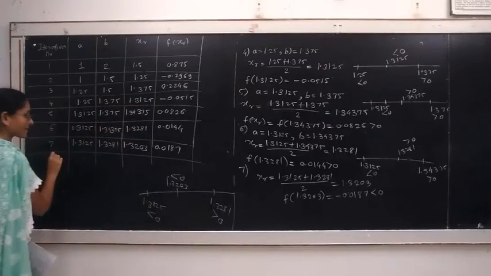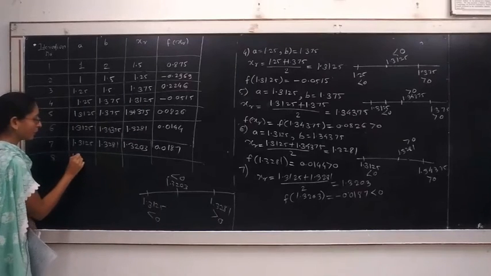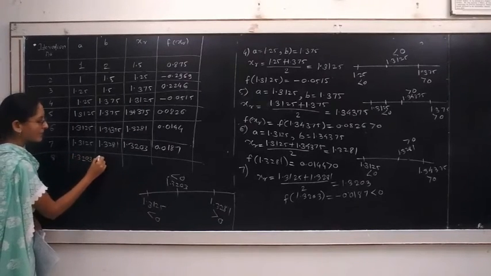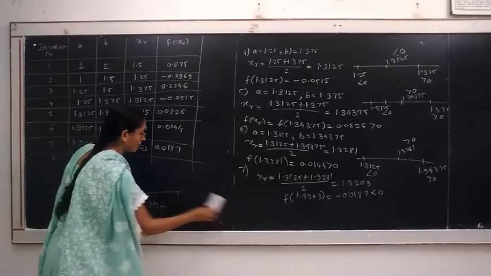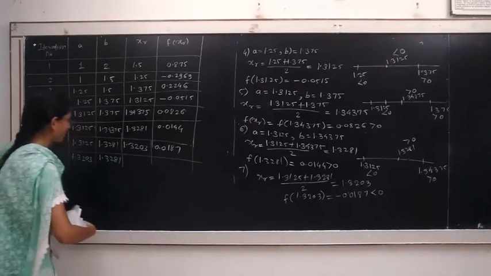So, in the 8th step, we take A is equal to 1.3203 and B is equal to 1.3281, and then the value of XR is calculated.